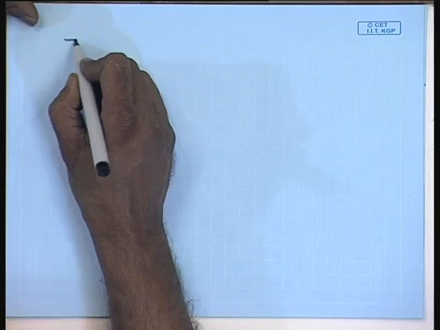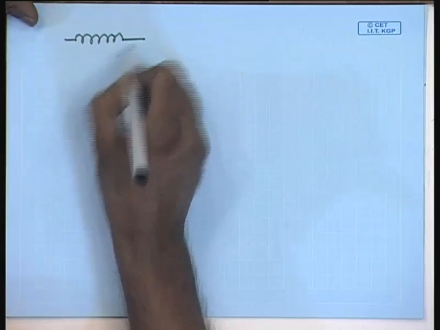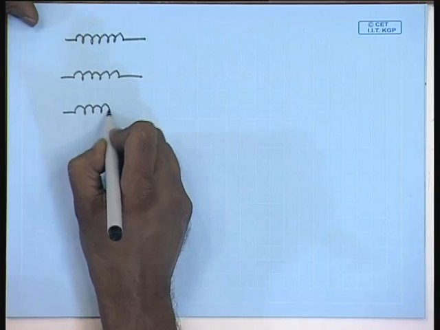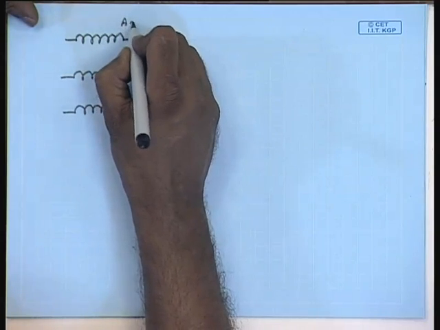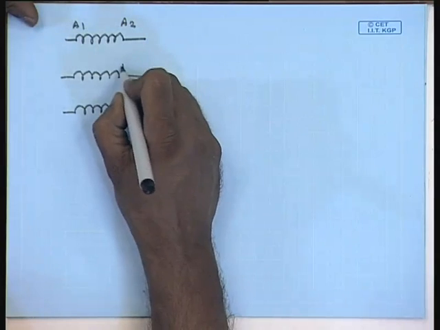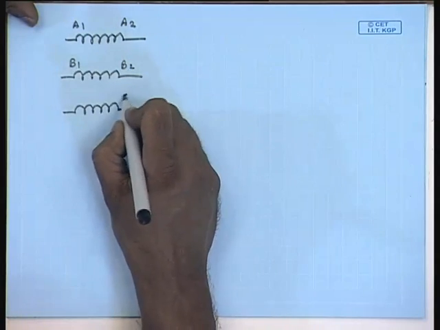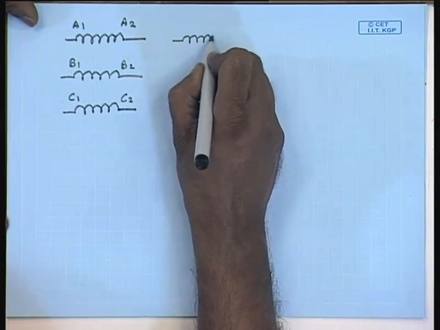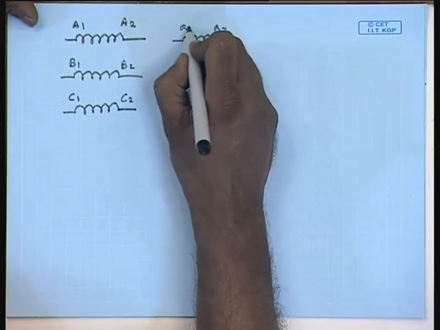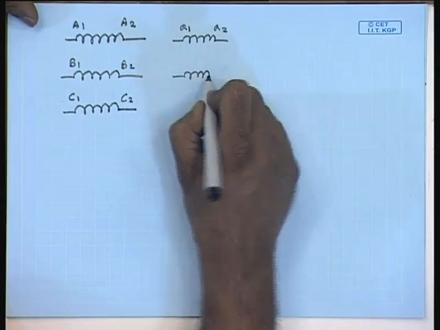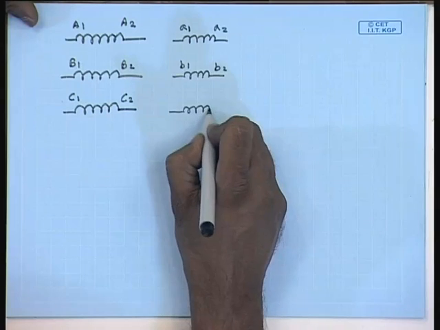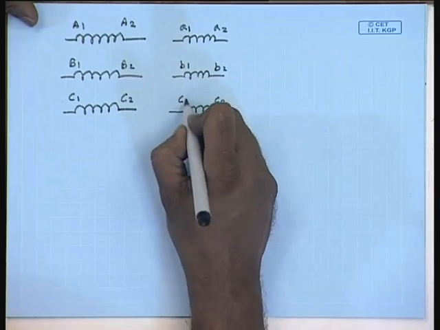For example, if these are the high voltage windings, this is A2, A1, B2, B1, C2, C1, and these are the low voltage windings A2, A1, B2, B1 and C2, C1.